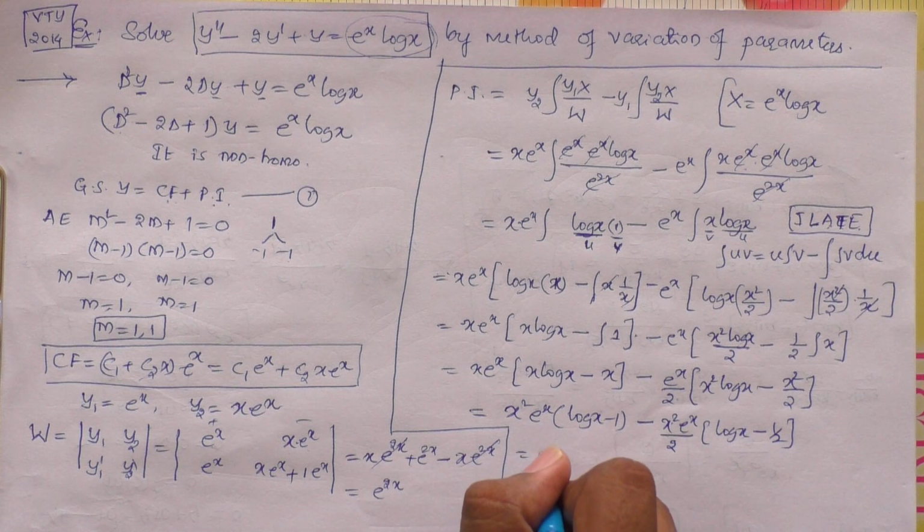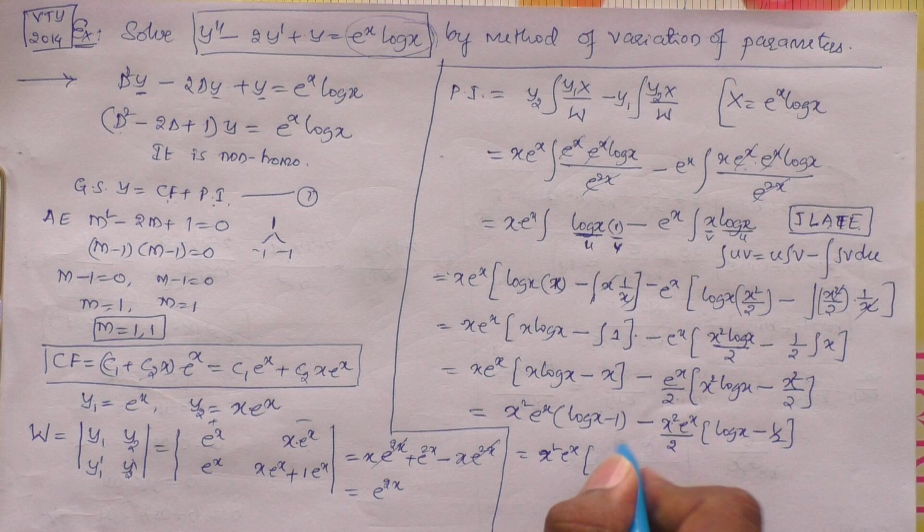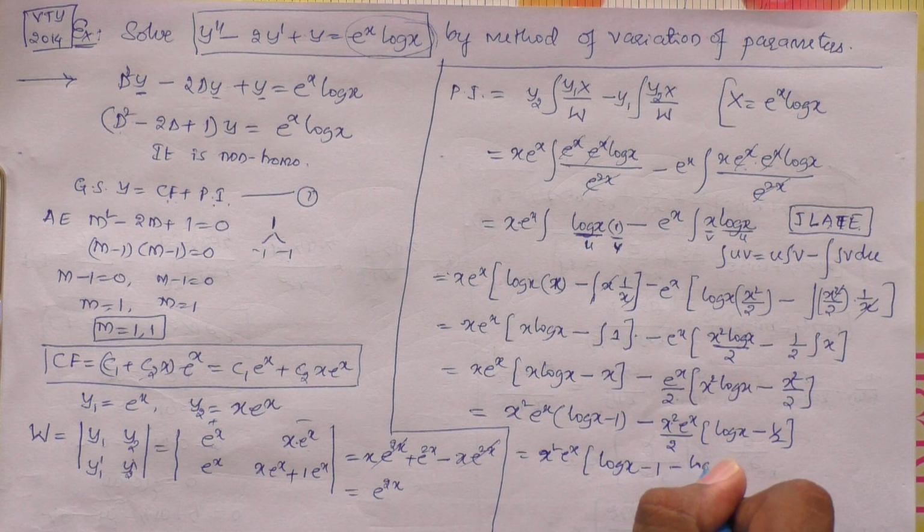If you take x square e raised to x common, we get log x minus 1, then minus 1 by 2 multiplied by minus log x by 2, then minus of minus plus 1 by 4.